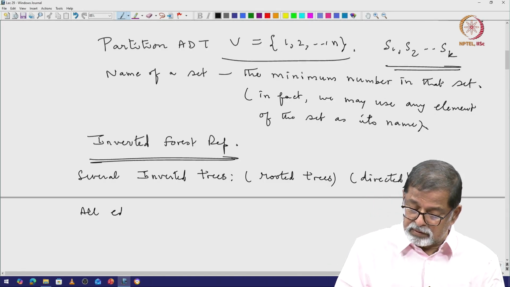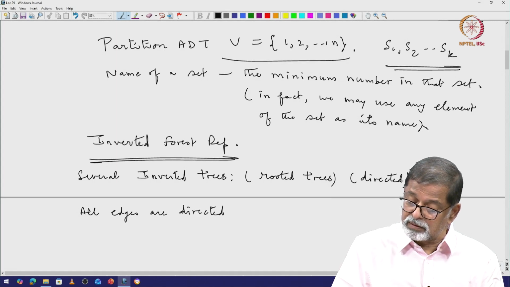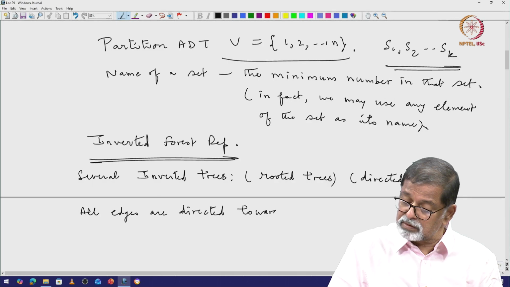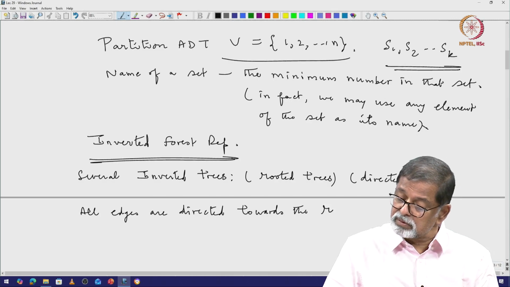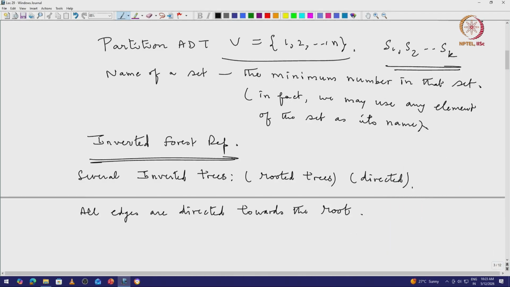All edges are directed towards the root. So you can have something like this.